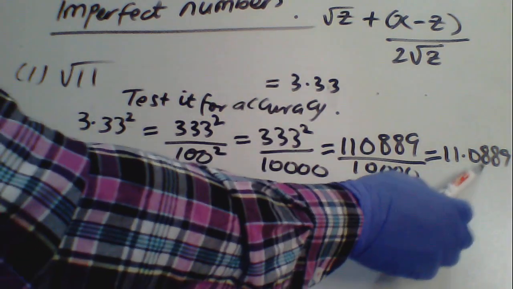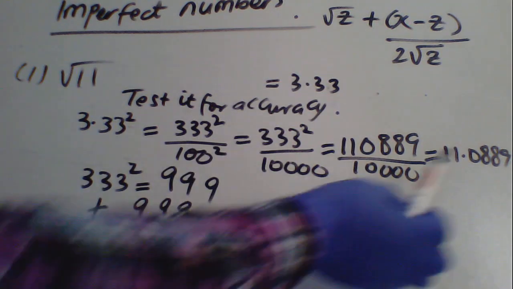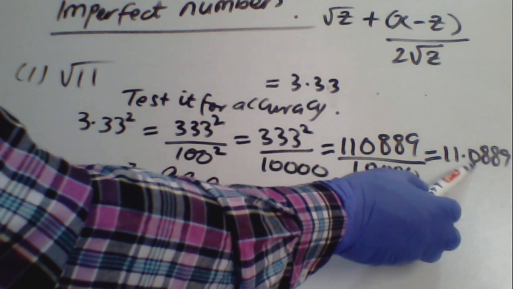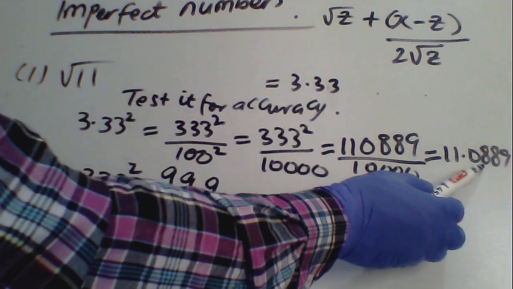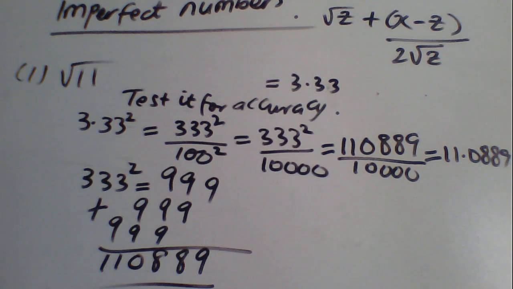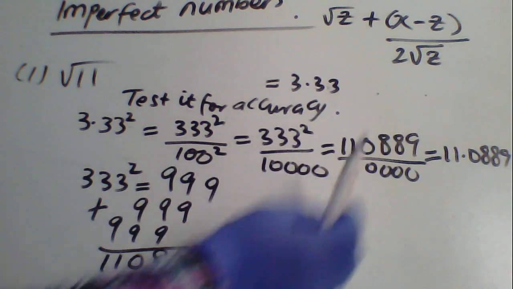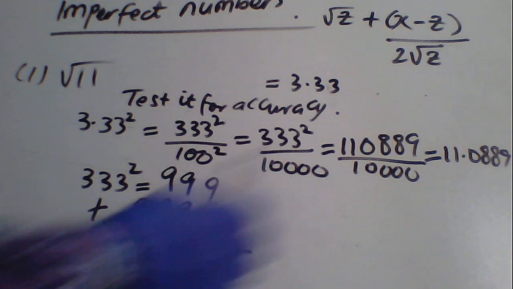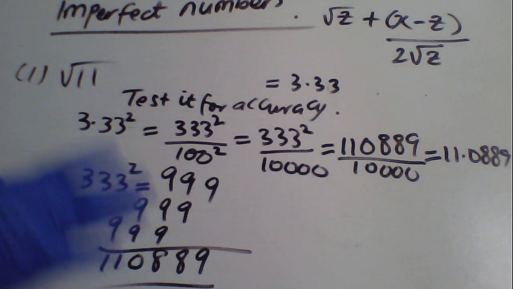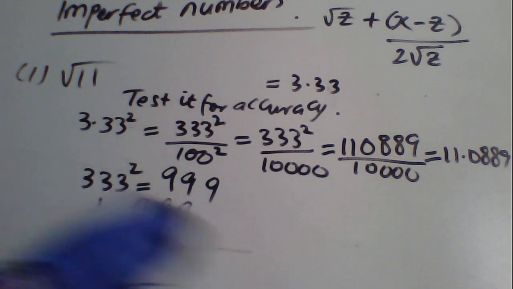We have 0889. For a decimal digit adjustment, the first digit here must be 0. The second digit must be less than 5. If the second digit is less than 5, you don't need decimal adjustment. But because the second digit is greater than 5, we must do decimal adjustment to find the exact or close value of the square root of 11.